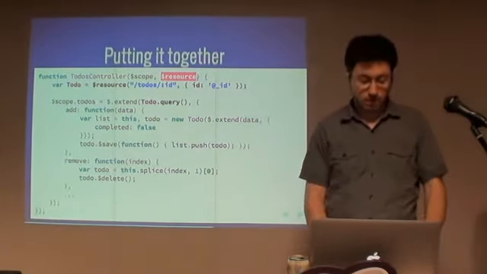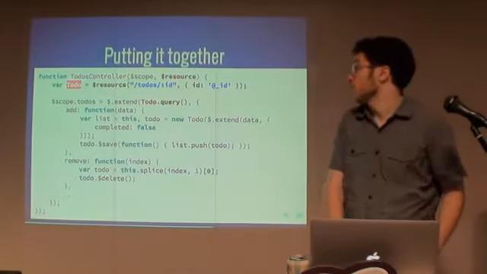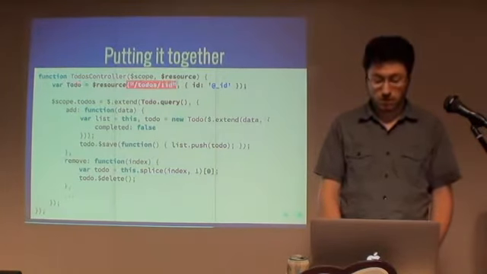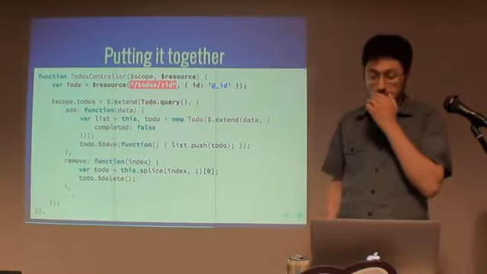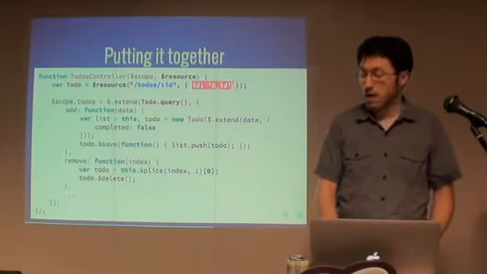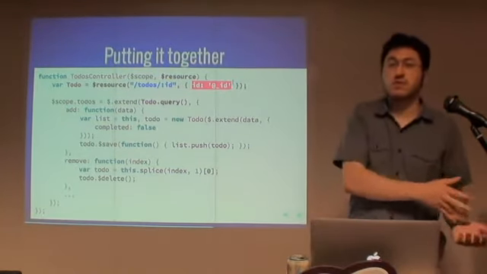The resource service will allow us to create an object called to-do for talking to the server using a simple URL template. And it will extract an ID from each to-do to use inside the URL template.